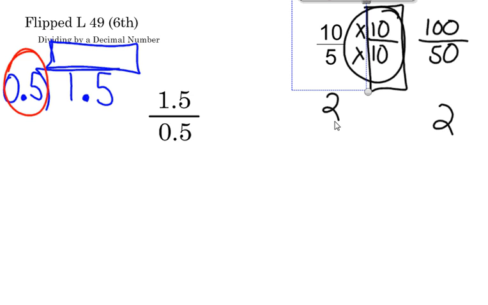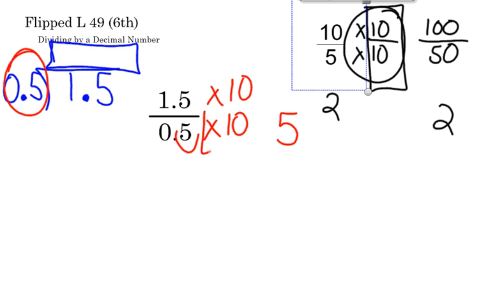And the easiest way to do that is to apply what we looked at the other day when we multiply a decimal by 10. When we multiply a decimal, which is in the tenths place, by 10, our decimal is going to shift over one spot. And so 0.5 times 10 is going to give us an answer of 5.